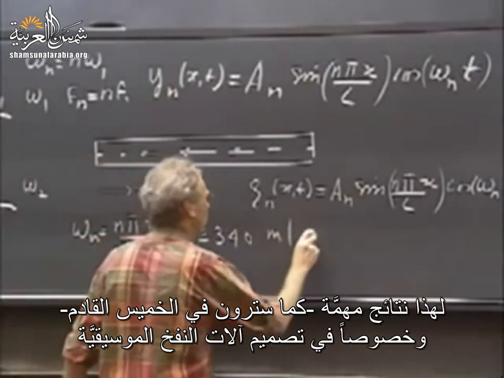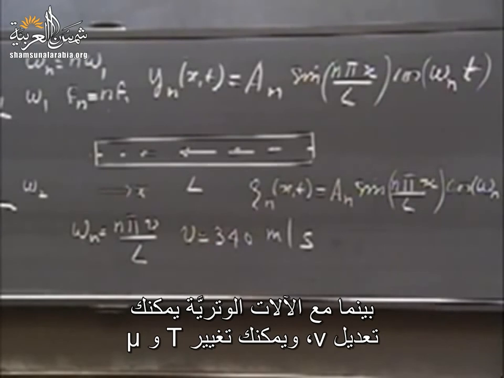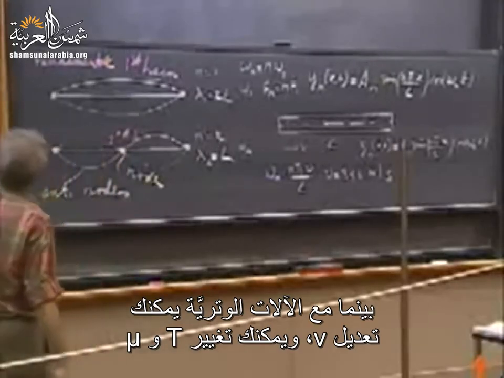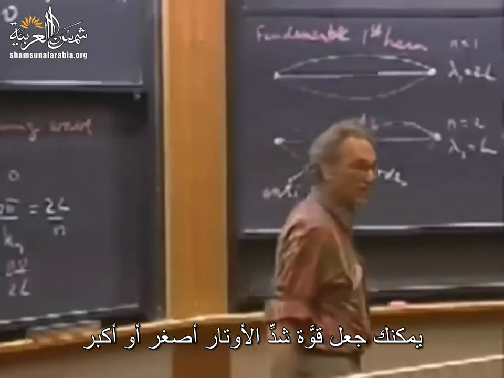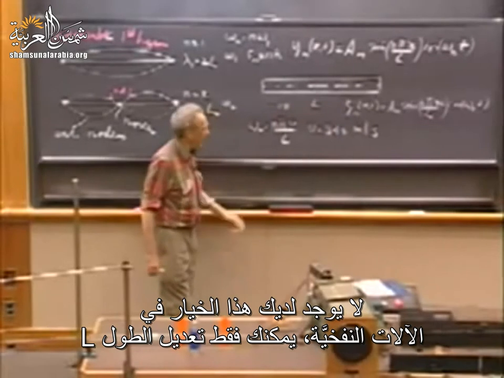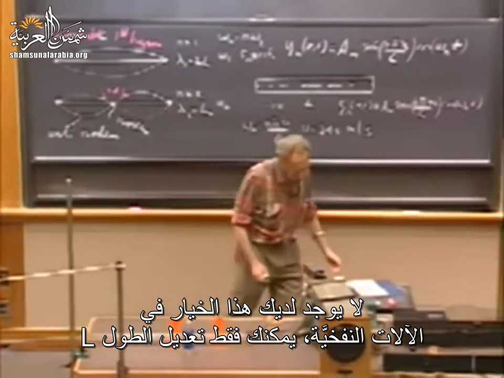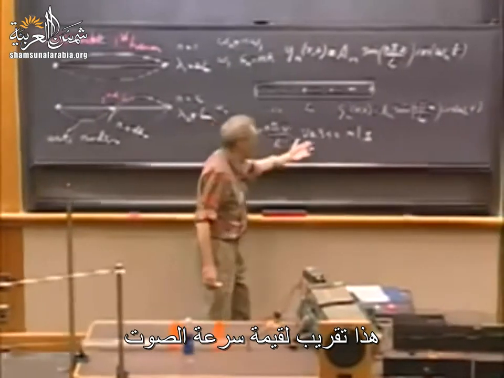And that has major consequences, as I will show you Thursday, for the design of wind instruments. Whereas with string instruments, you can manipulate v, and you can change T and mu. You can make the tension in the strings larger or smaller. You do not have such an option with wind instruments. The only thing you can play with is L. So this is the approximate speed of sound.